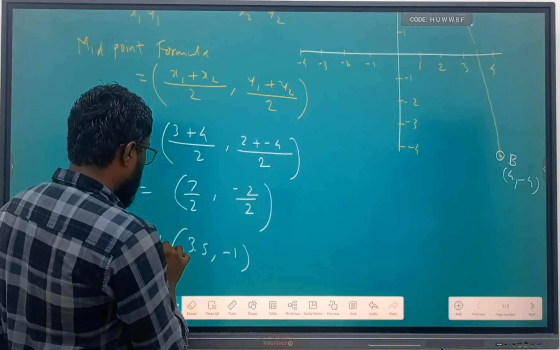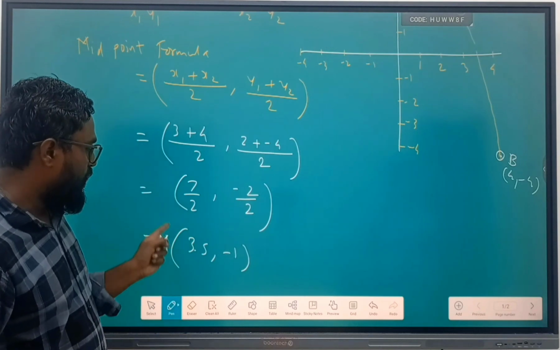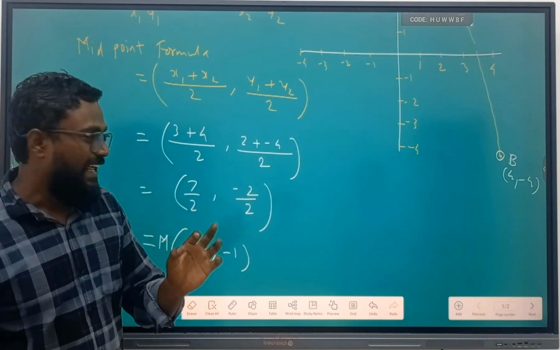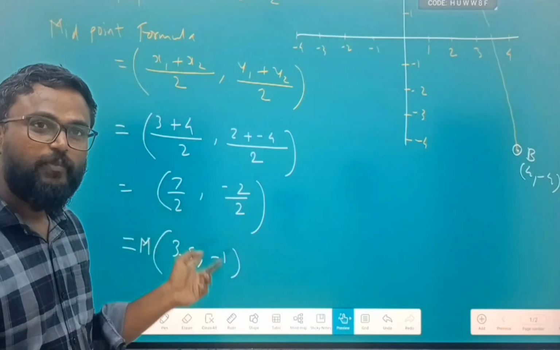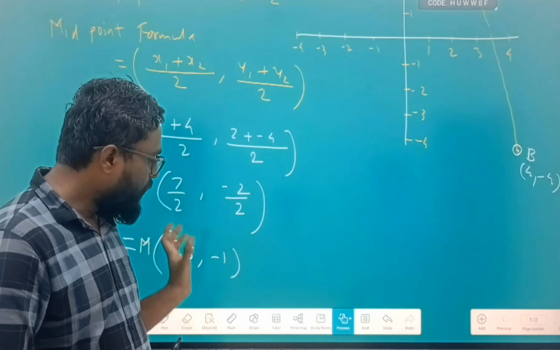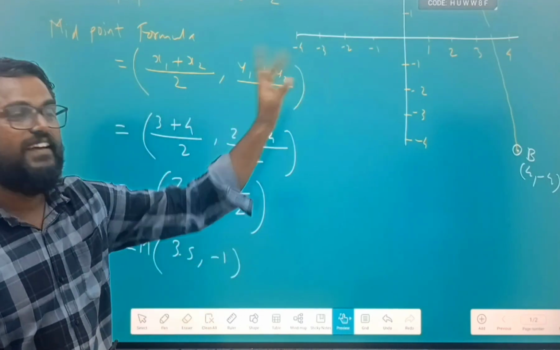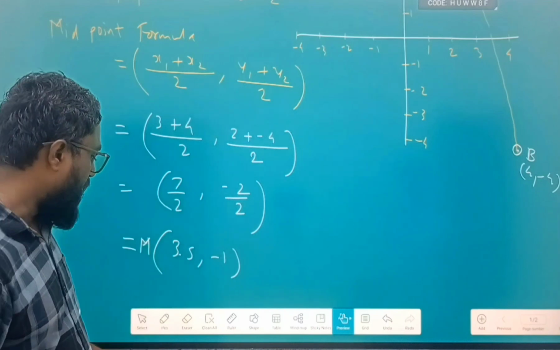So guys, this is the midpoint M of the line AB. Now, as we got the midpoint 3.5, -1, I'm going to plot this in the coordinate plane that we have over there.